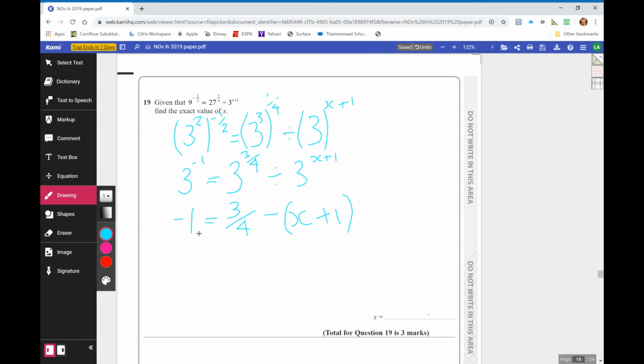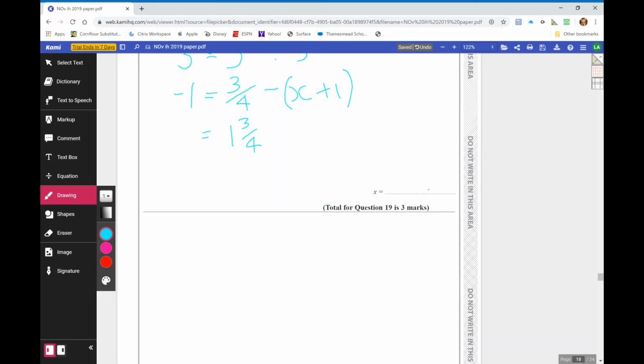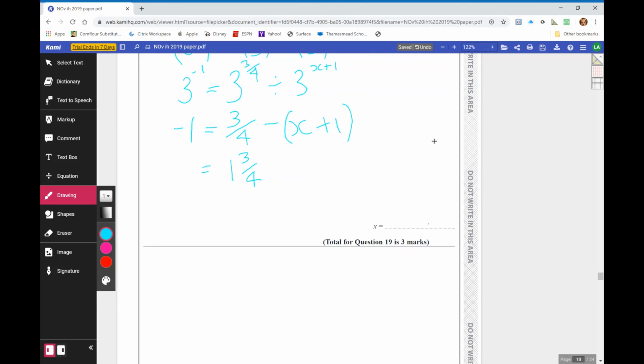Okay, so in this case we can rearrange the formula. So minus 1, I'm going to move over here actually, so it's plus 1, so it's 1 3/4 equals, and if we move the minus x, this will be minus x and minus 1, if we expand that out, so minus x, if we add an x to both sides, we'd end up with x over here, and then this is minus 1, we'll keep that here, and therefore x equals, so 1 3/4 minus 1 is just going to be 3/4, so that's the value for x.